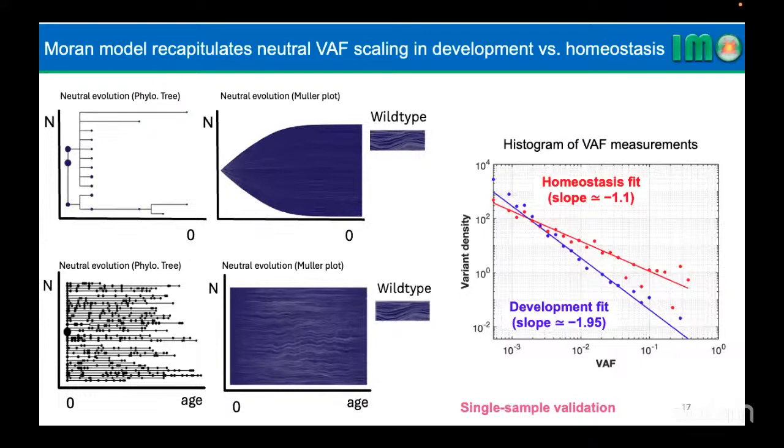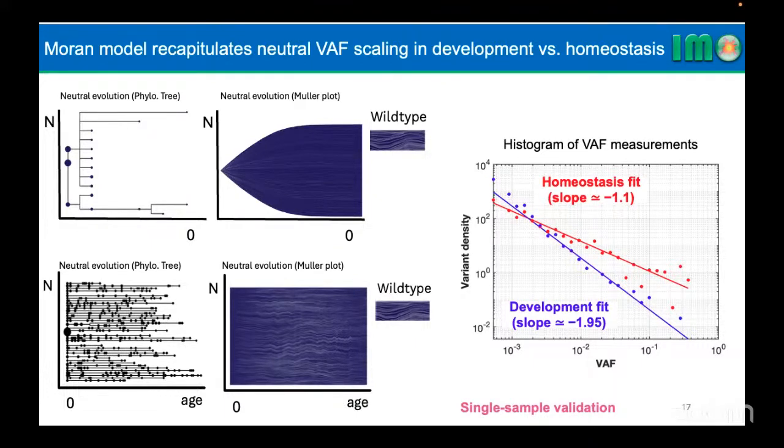Speaking of validation, we can actually look at the one-time VAF of our blood samples. On the first row, there is growth before birth, which I used the Moran process to simulate. Cells start to grow under the neutral assumption.